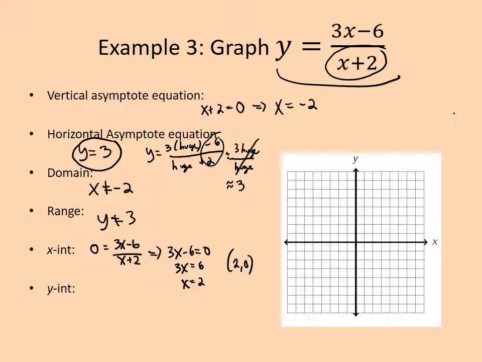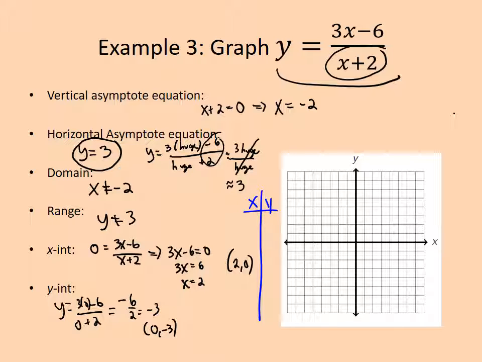Our y-intercept is found by setting x equal to 0. So y equals (3 times 0 minus 6) over (0 plus 2). So we have -6 over 2, which is -3. So our y-intercept is (0, -3). So now we can create our table. Once again, we already have a few values for our table.